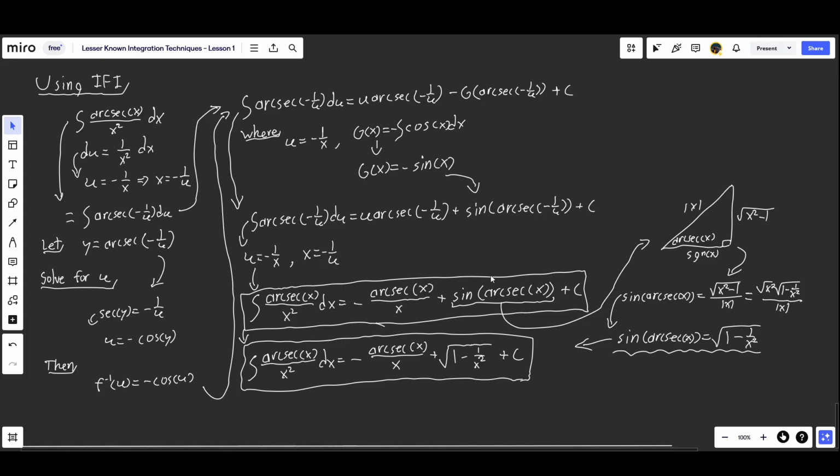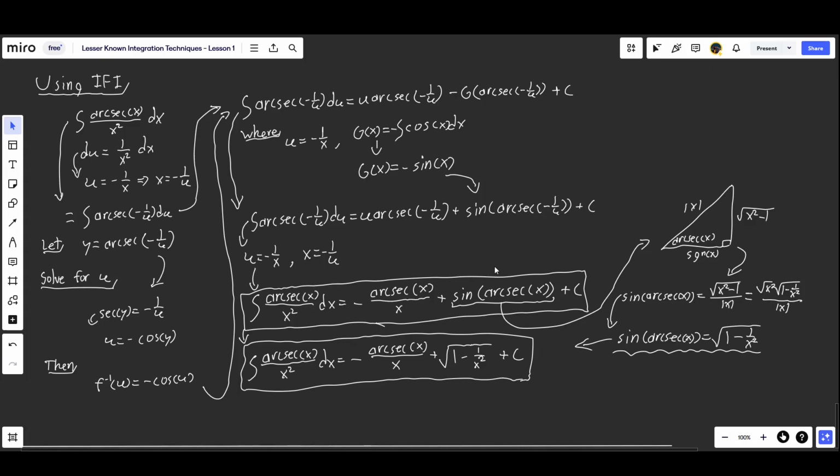While for the integration by parts approach, we had to evaluate tangent of arcsecant of x as part of the process of getting to the solution. We had to do it, as opposed to having a choice of whether to simplify it or not.